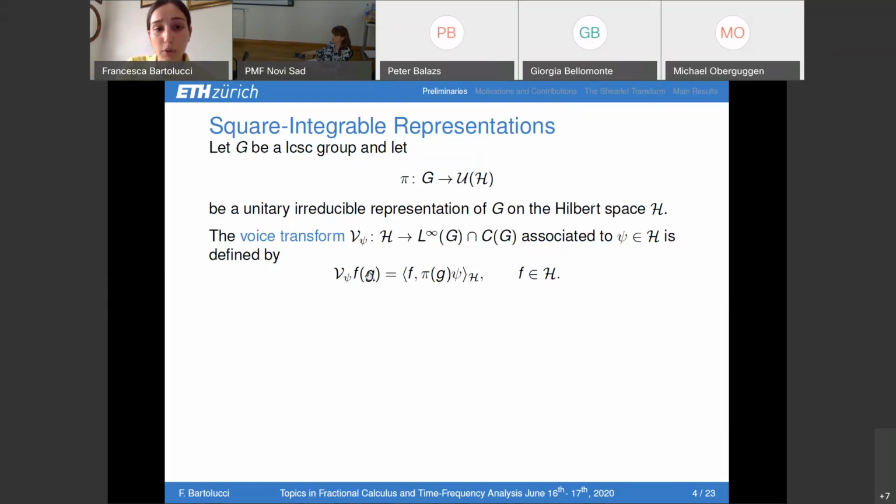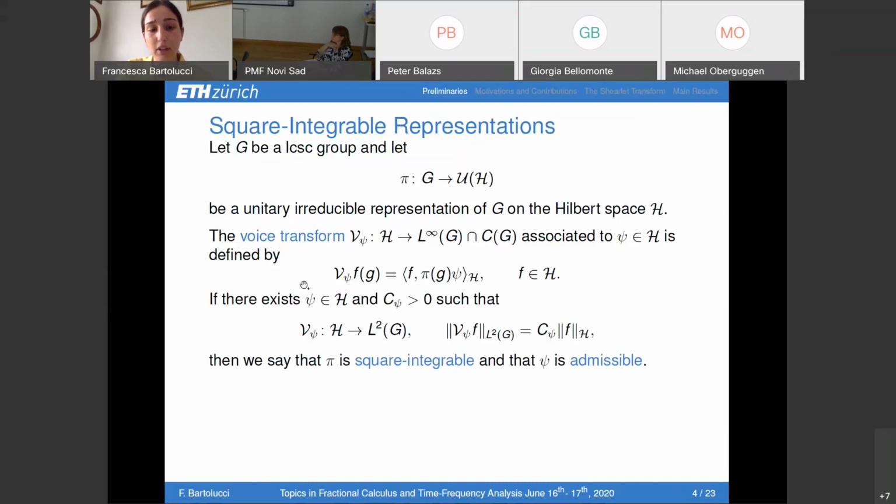So the voice transform takes a function in H and gives a function on the group, and its value at a point g in the group is the scalar product of f with the element obtained by acting with the unitary operator pi of g on the window psi.